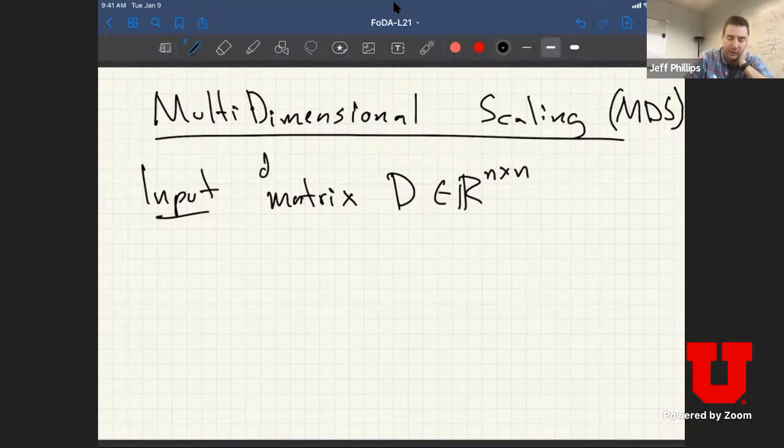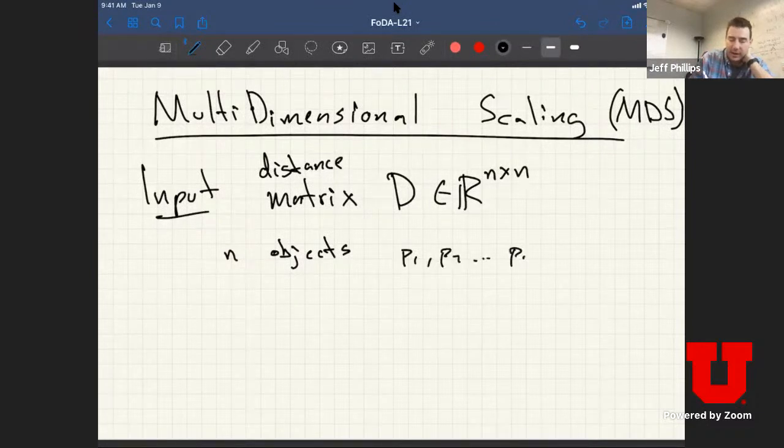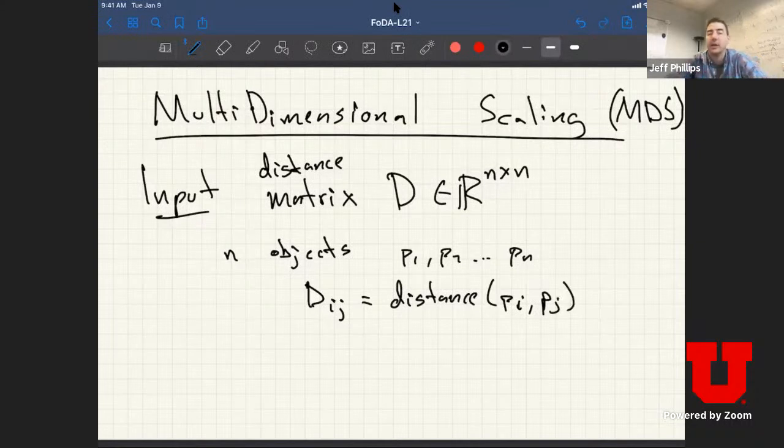And I'm going to think of having n objects, let's call them P1, P2, up to Pn. And I'm going to store Dij, which is going to be the distance between Pi and Pj. Okay, there's some distance between them. Okay, and this is my input.